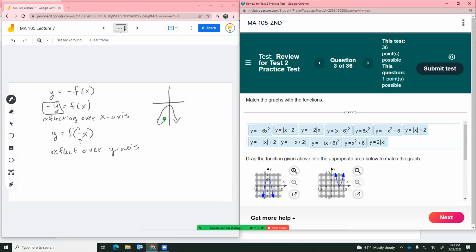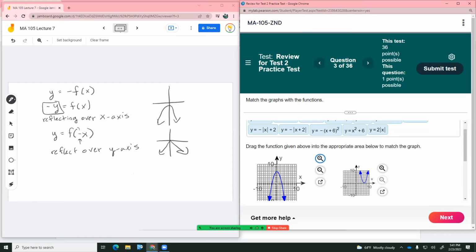If it was an absolute value function, it would look something like this. Y'all see the difference? Absolute value functions look like a V, whereas quadratics are parabolas.